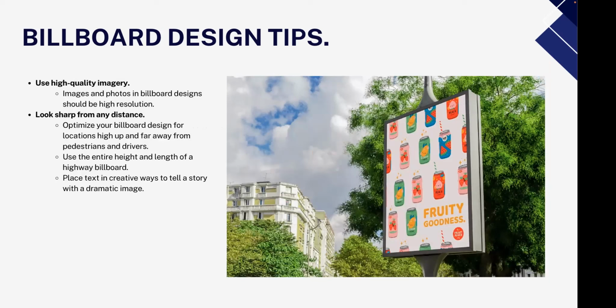Use high quality imagery. First and foremost, images and photos in billboard designs should be high resolution. Whether you're working with digital or print billboard designs, you don't want pixelation to affect the impact you're trying to make. While many image file formats use raster files that pixelate if you enlarge them beyond their original dimensions, you can use Adobe Illustrator to create large scale artwork in vector art format that will look crisp on any billboard ad size.